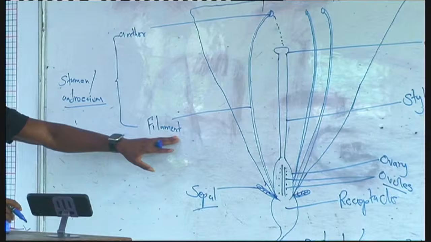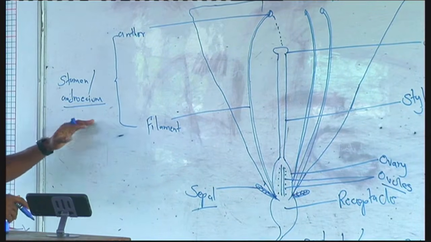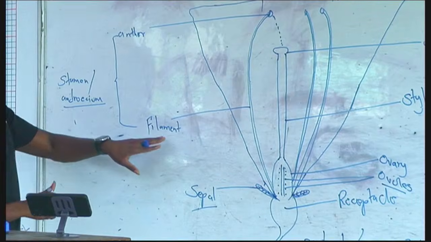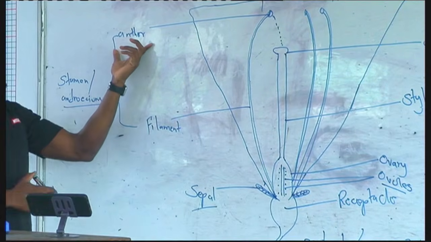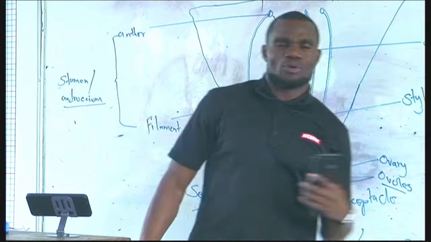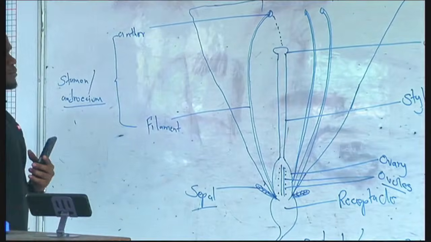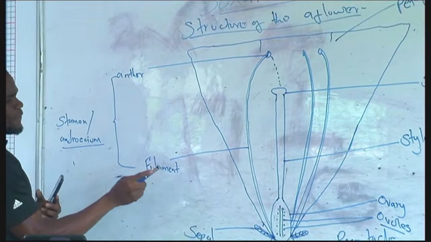Then we also have another structure, which is the staminate part, where we have the filament and the anther. What is the function of the anther? The anther is where the pollen grains are produced. And below it, we have the filament.